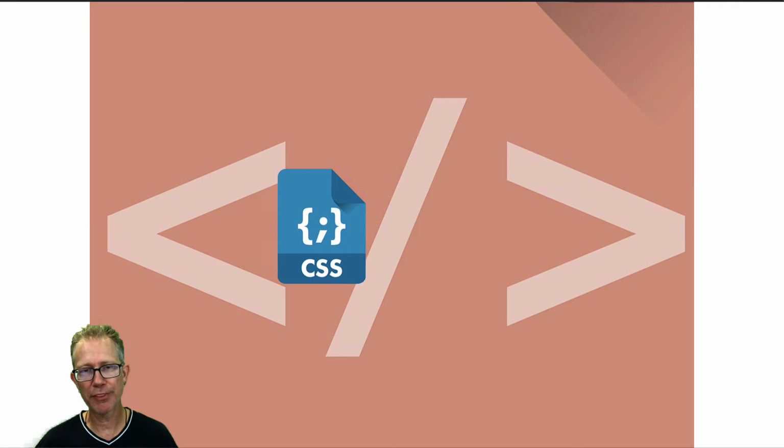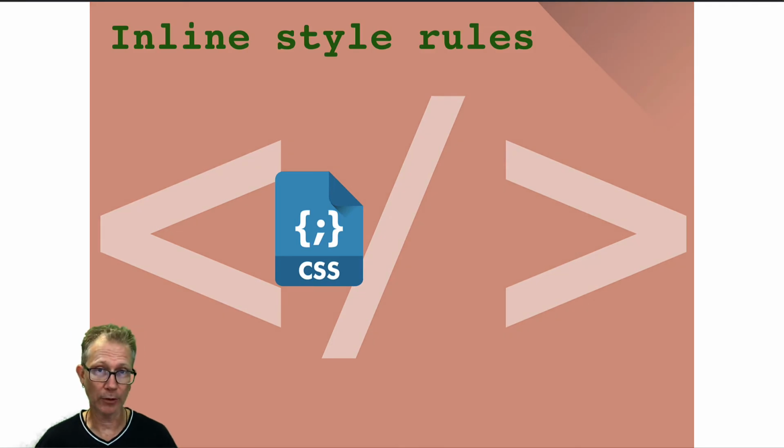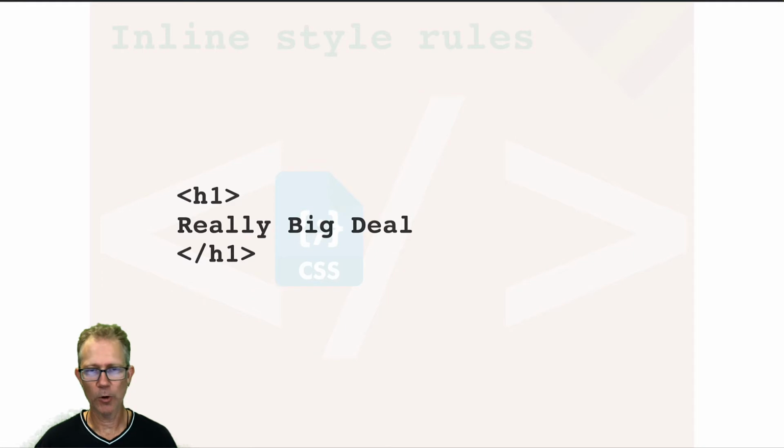And finally, the third and final place where style rules can live is when they're inline. That means actually in an HTML tag itself. So you'll remember again our H1 first level heading HTML tag following that good old container model, we see here in between the opening and closing tag, the content, really big deal, that would be our first level heading, as specified by HTML.